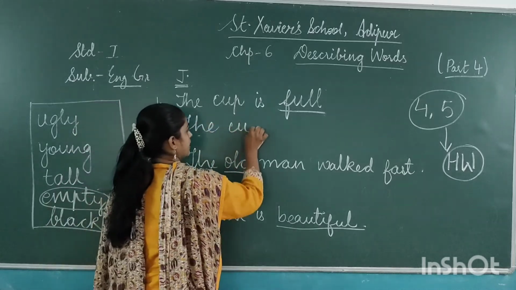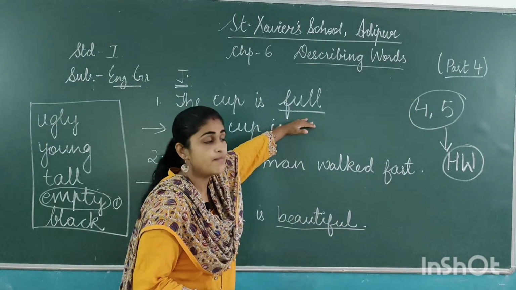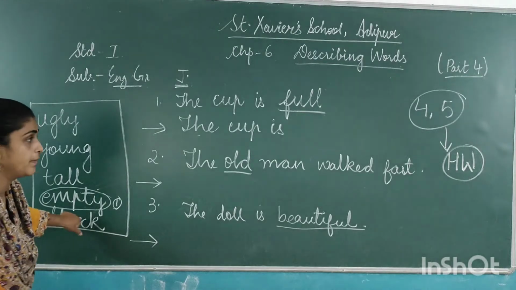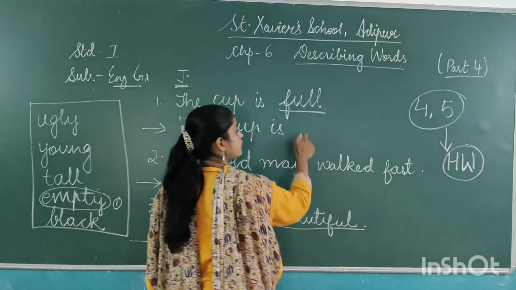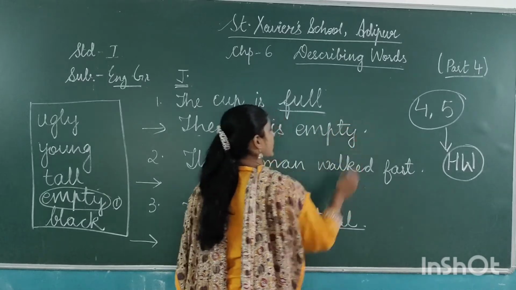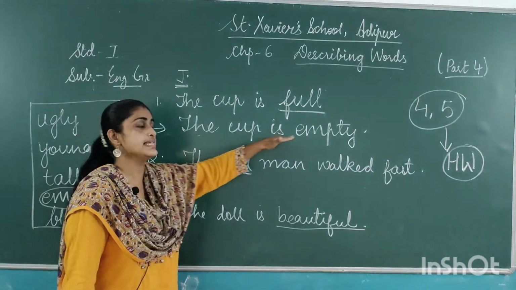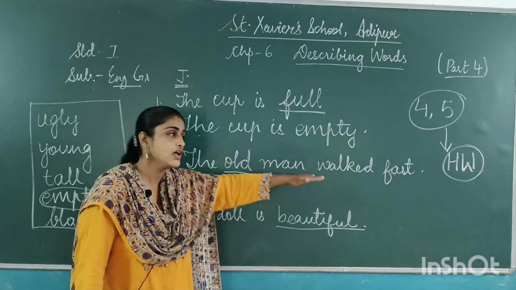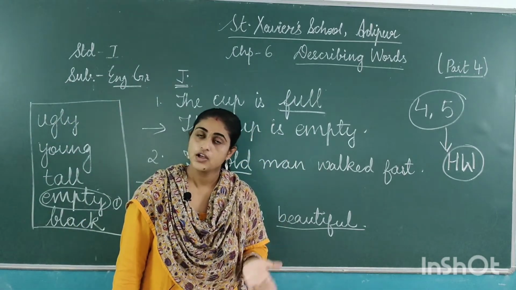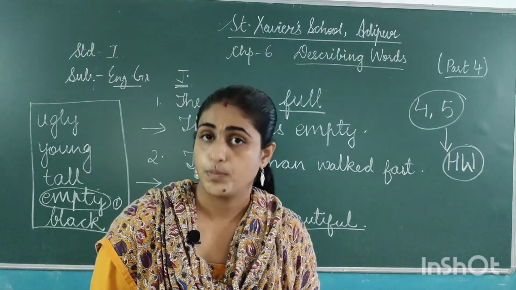The cup is, here the underlined word was full, so where did we see its opposite? Here. It is number 1. So what will be the opposite of the cup is full? The cup is empty. The cup is full, the cup is empty. Understood? The cup is full, and here the cup is empty. So we are going to write the opposite of the underlined words.